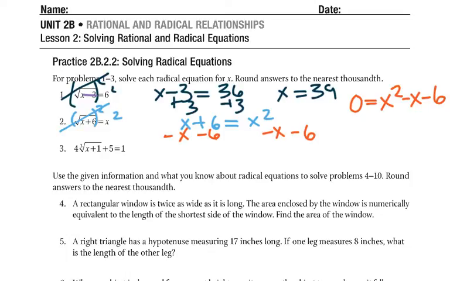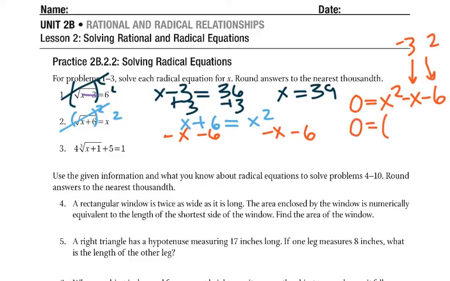Okay. Then we can solve for the quadratic using the quadratic formula, graphing it, using polynomial tools on the calculator, or using the area model and saying, okay, negative 6 is 3 times 2. Well, if 3 is negative, that's a negative 6, and I add those, that's a negative 1.